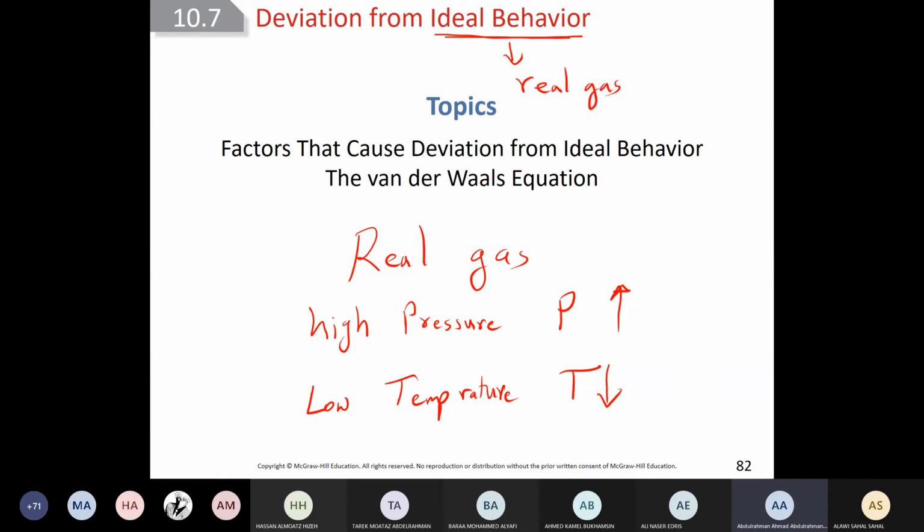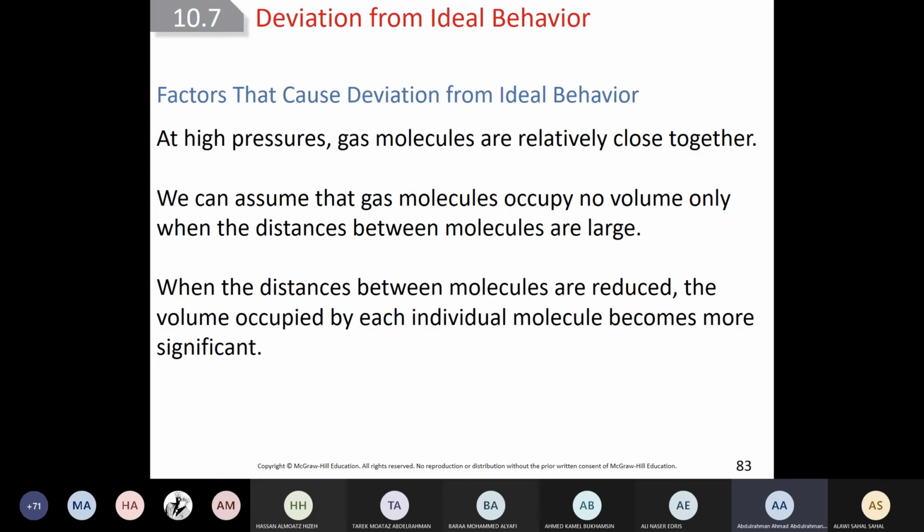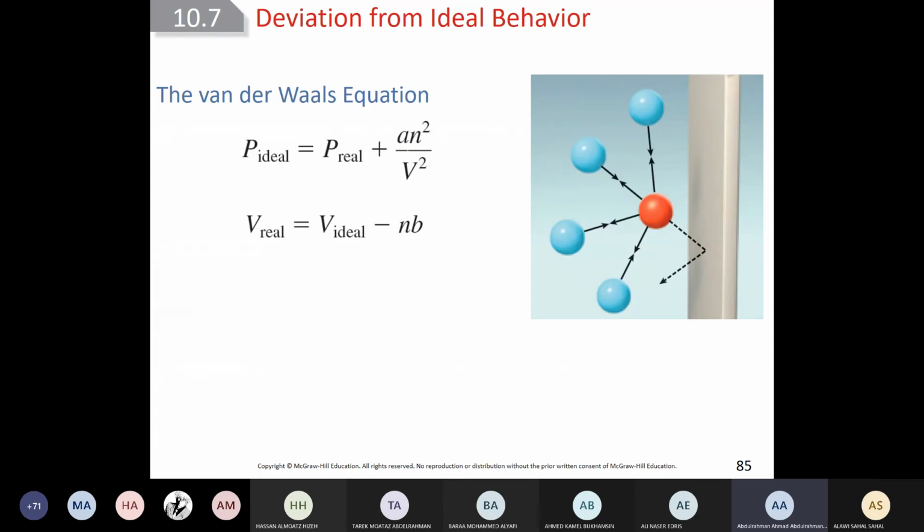If you increase the pressure a lot or decrease the temperature a lot, then it will change from ideal to real. Why? Because if the pressure is high, this means they will be close to each other.